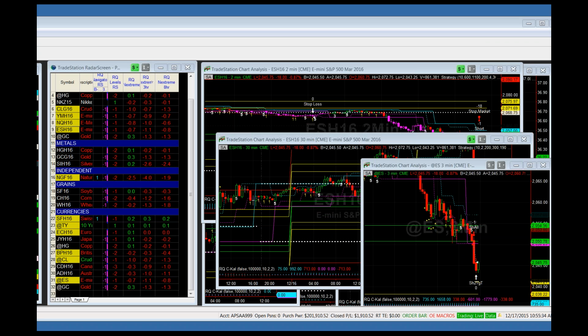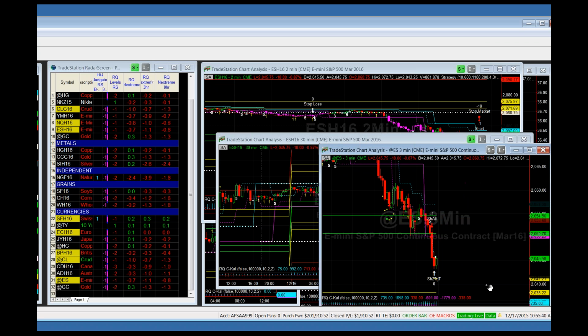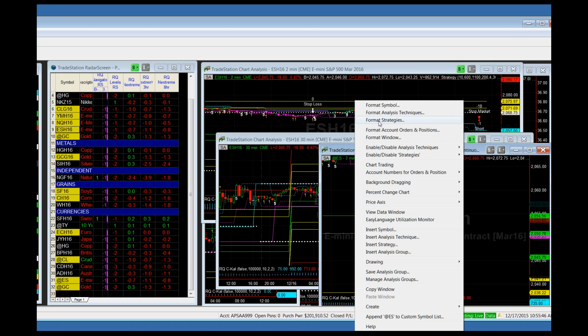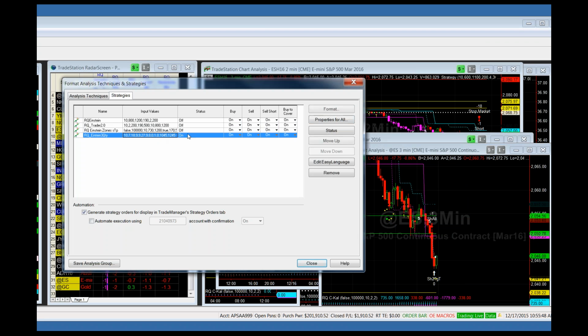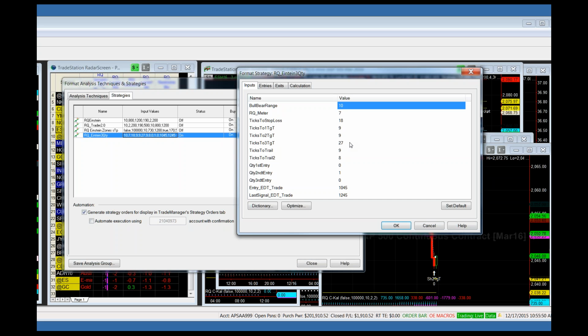This is the S&P short that you guys just saw on Ninja. This is the TradeStation version of it. Dave, to answer your question, let me get you how I traded here. This one has 9 ticks, 18 tick stop loss.